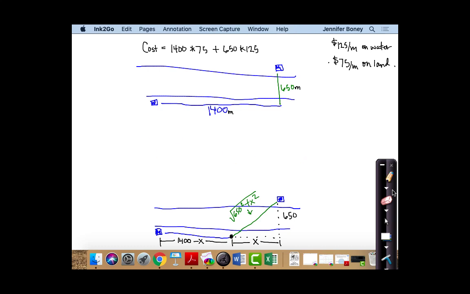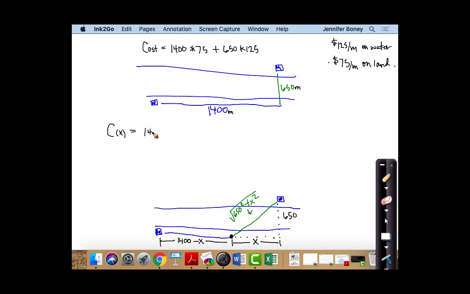So if I want to write overall an expression for this, let me go back to cost. Cost I can write as a function of x, where I know this is just $75 a meter. So similar to that, but just with a minus x.